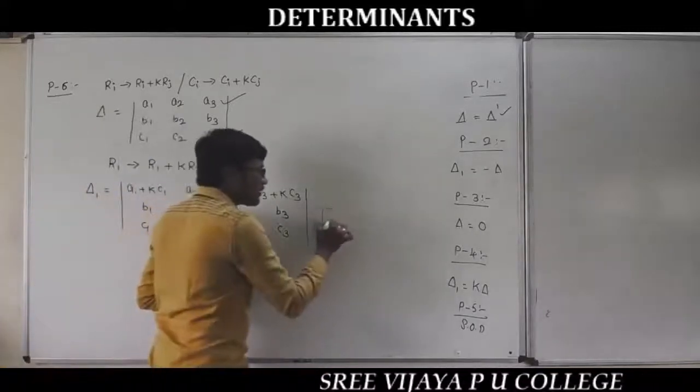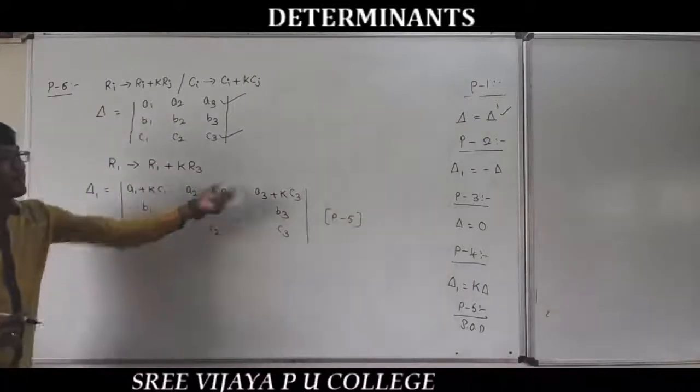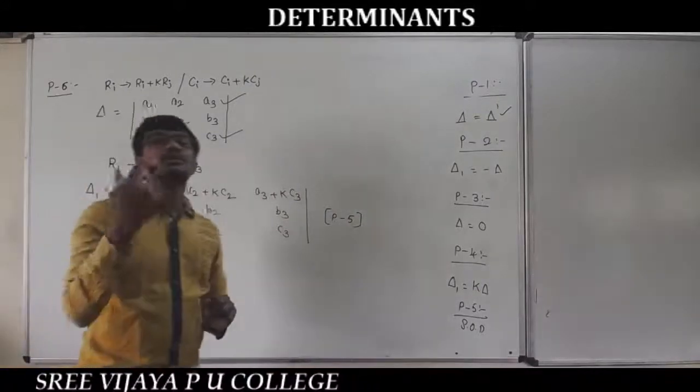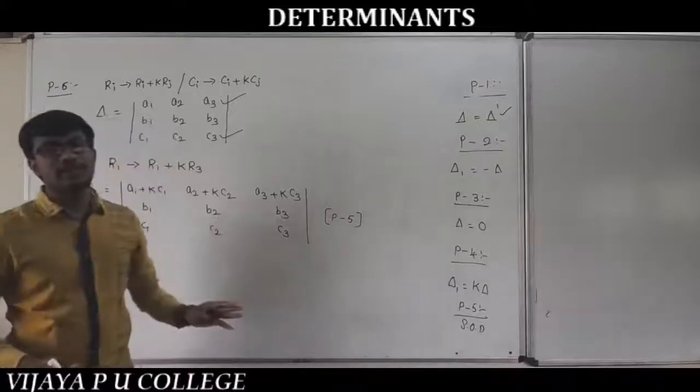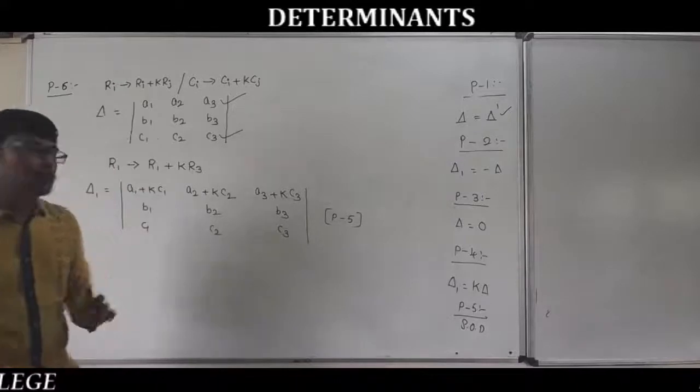Now, shall I apply property number 5 here? What is property number 5? If a row can be expressed as the sum of two or more terms, then the given determinant can be split into two or more determinants. Here the row is expressed as the sum of two terms, so it is split into two determinants.